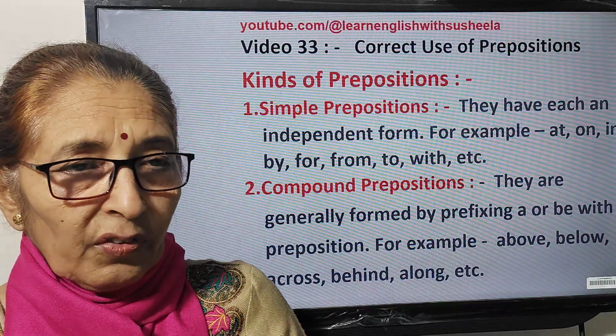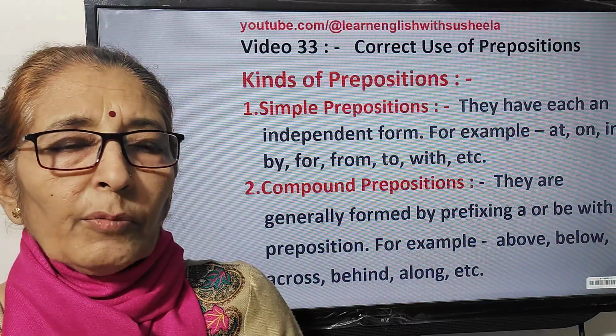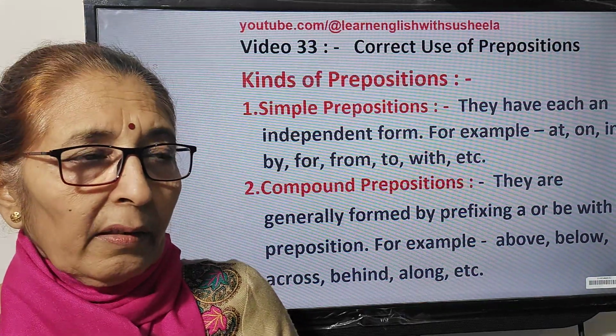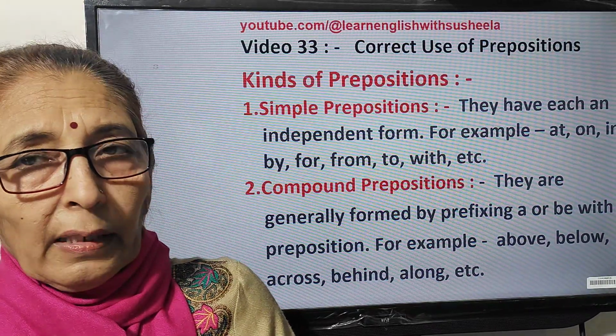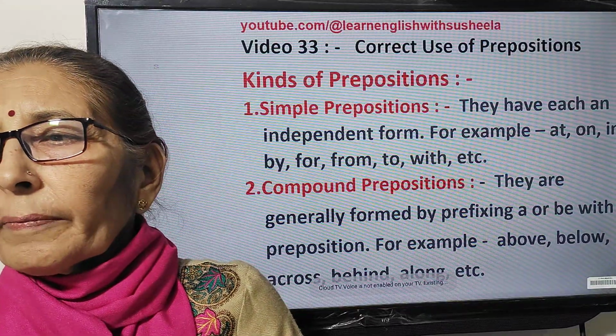Across means crossing something. She laid her arms across her breast. Behind means in the back. He hid behind the door. Then along means on the side, as there are trees along the road.